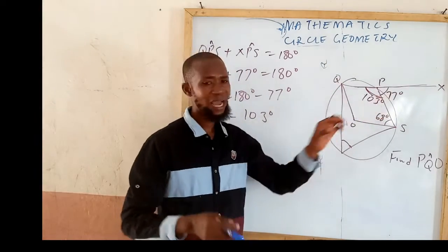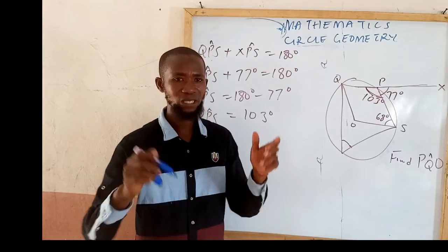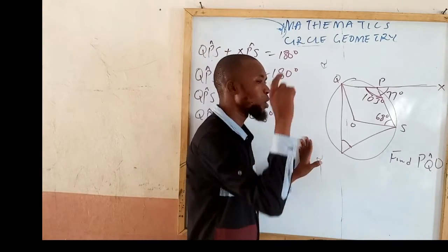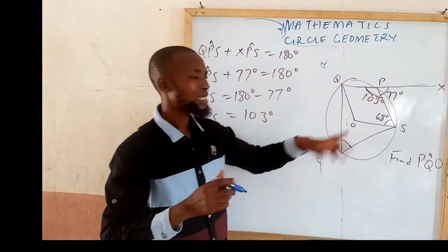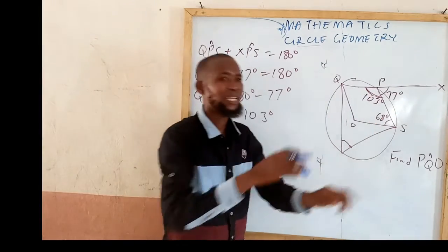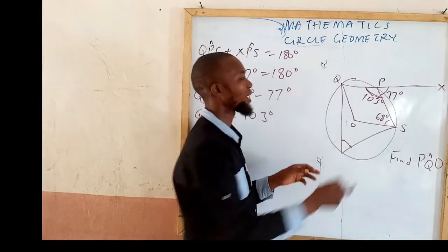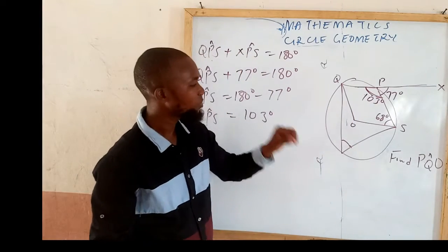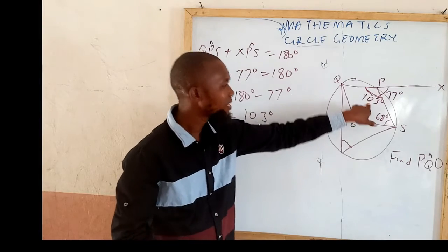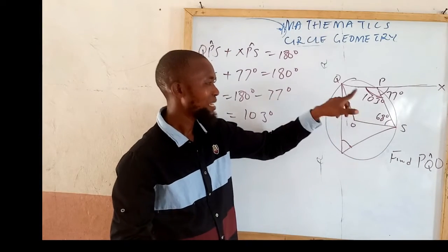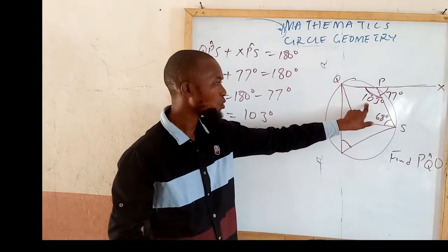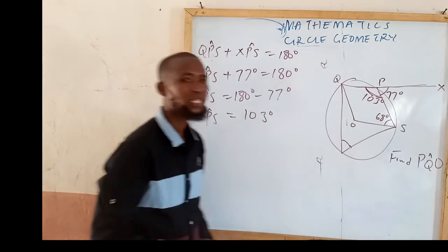To obtain the opposite interior angle, first know the angle beside the exterior angle. The angle beside that exterior angle is 103 degrees. So any angle directly opposite to this angle 103 degrees will be equal to the exterior angle.